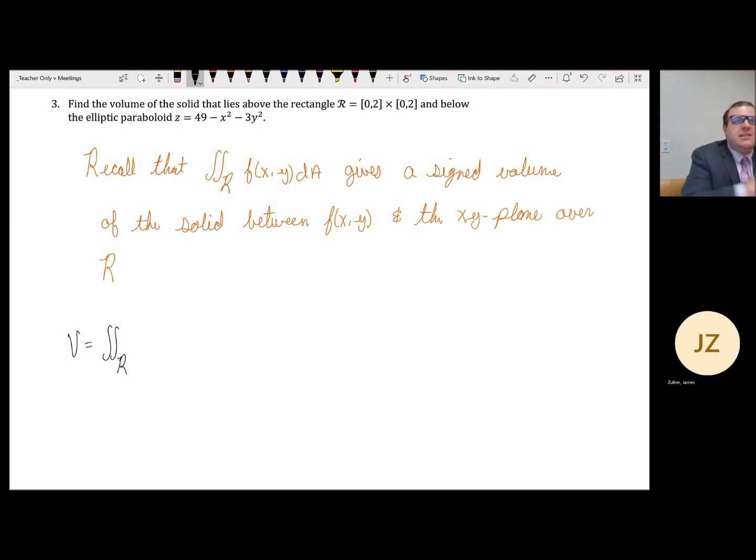Since we're doing technically between two solids, we're going to have to do a difference. So the upper bound is the function z. What's the lower bound for our region or for our solid?